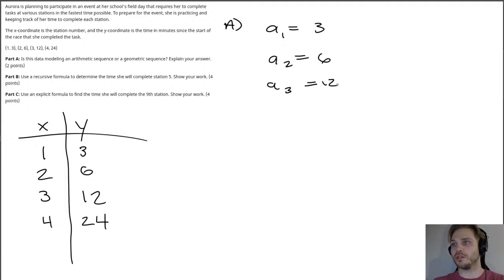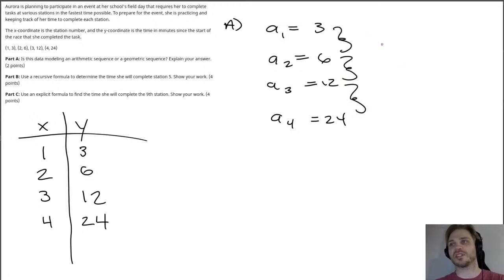A3 is 12. And A4 is 24. So if we look at the difference between these, it's 12, and the difference between these is 6, and the difference between these is 3. So the difference is not common. 3, 6, and 12. So difference means subtraction, right? So we take the later one and subtract the earlier one.